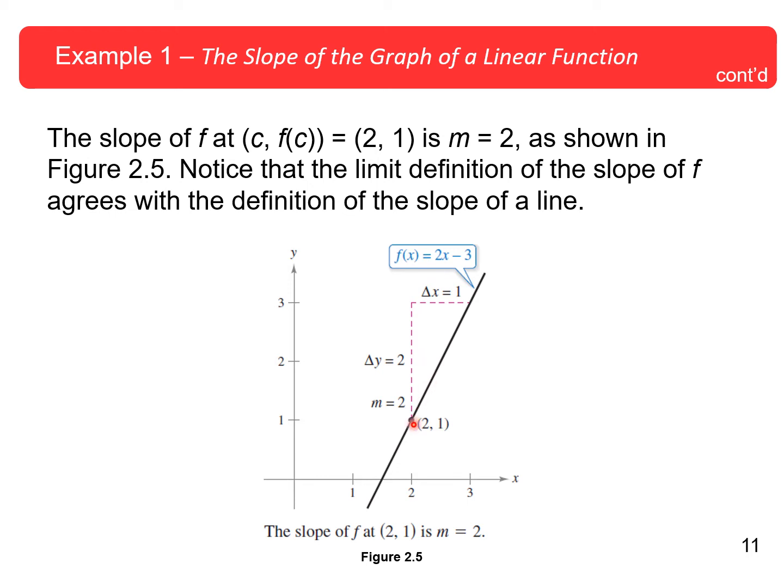And so therefore at x equals 2, the slope is just equal to 2. Just for the purpose of illustration, we've seen through using the limit definition and through the definition of a line that both results agree with each other.